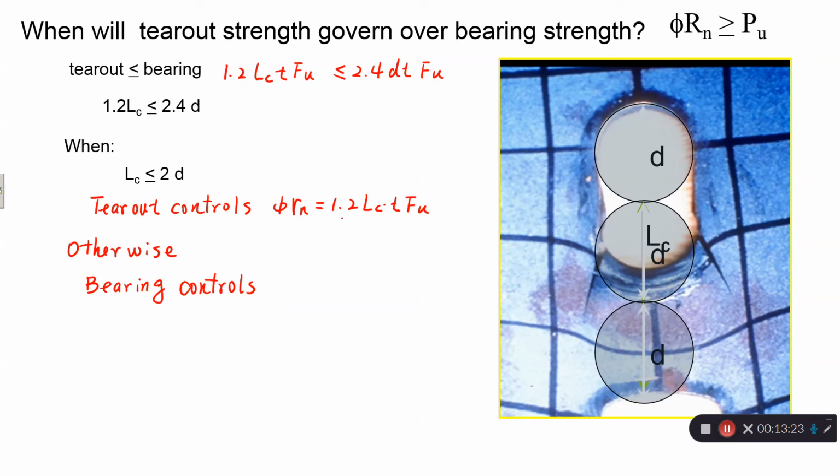So if the distance is less than 2 times the bolt diameter, then tear out will be critical. Otherwise, bearing will control. So the first step is to calculate your LC and compare it with 2d, and then you will know which equation to use to determine VRN.